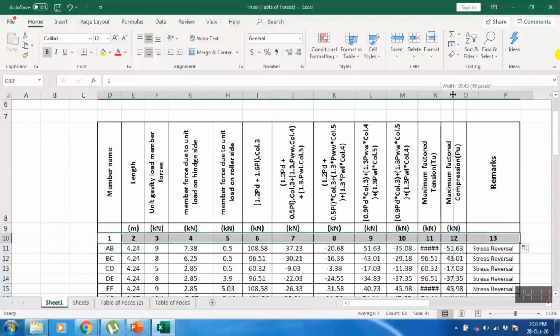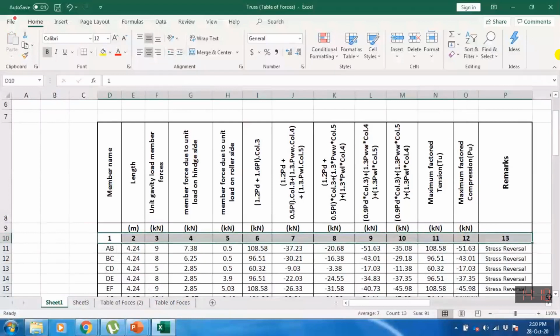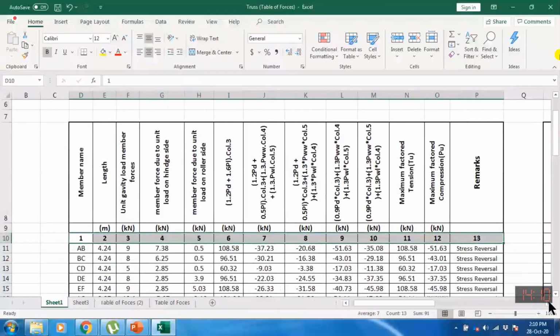So he has completed this table. And then in this you can use the command maximum. So maximum wind load and the live load you can compute over here.